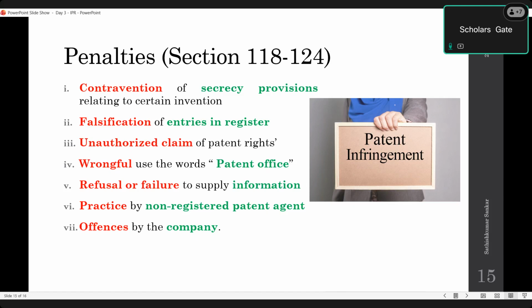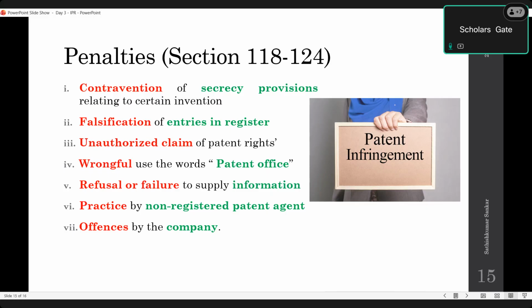If you don't disclose that particular contravention, penalties will be imposed by the controller. Second, falsification of entries in the register.